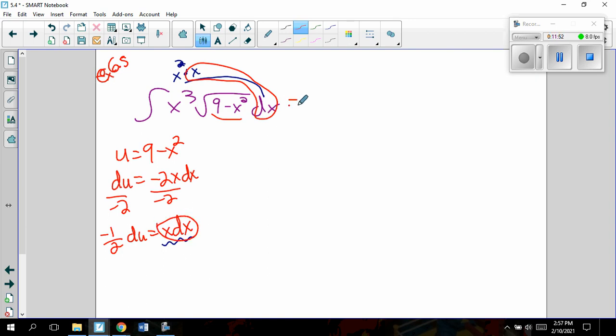So if I do a partial substitute here, I've got my negative 1/2. I have x squared left because that part didn't get replaced. And now I have the square root of u du.